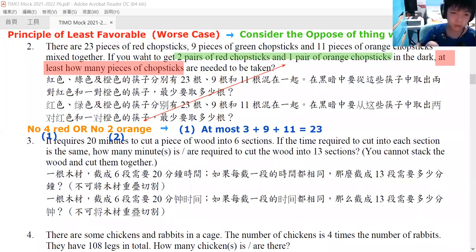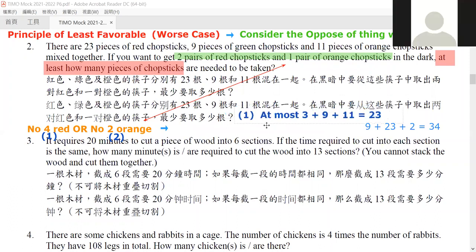Okay. This is the first condition. Now, for our second condition, no 2 orange, it would be at most, because there are no 2 orange, you can take as many red as possible, 23 red, or 9 green, and because there are no 2 orange, you can take at most 1 orange, right?